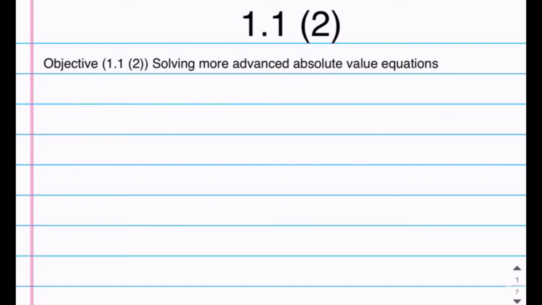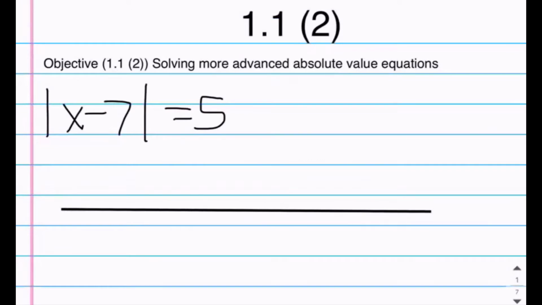In 1.1 Part 2, we'll be solving more advanced absolute value equations. So last time, we did the distance between x and 7 is equal to 5. And so then we made a number line. We put our 7 in the middle.